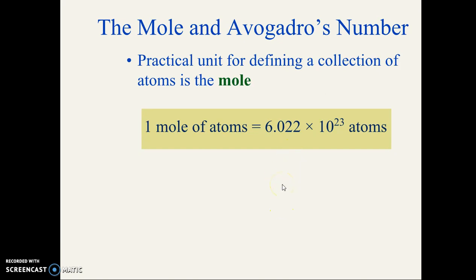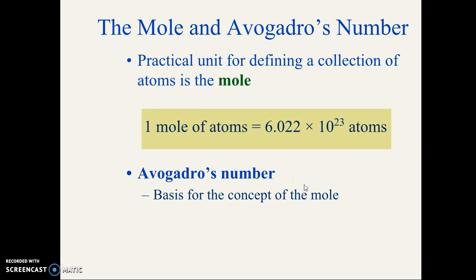So if I said that I had a mole of pencils, I would have 6.022 times 10 to the 23rd pencils. If I had a mole of people, or a mole of hair, or a mole of paper clips, it would be 6.022 times 10 to the 23rd. It's just a counting unit. This is known as Avogadro's number, and it's the basis for this concept of what a mole is.